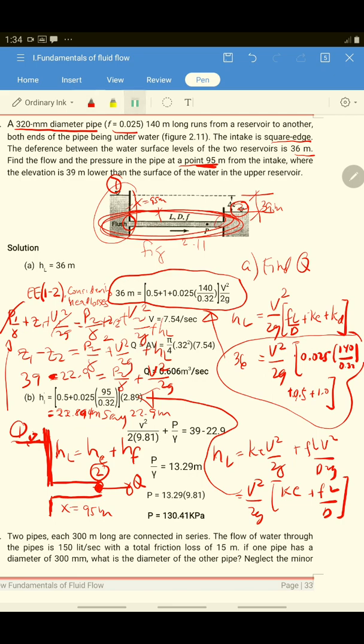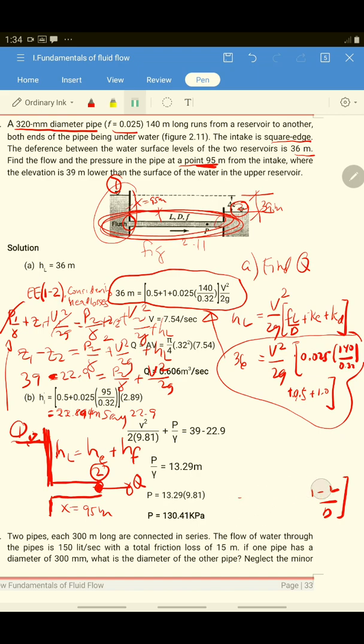So 39 minus 22.9 is equal to P2 over gamma plus V2 squared over 2G.